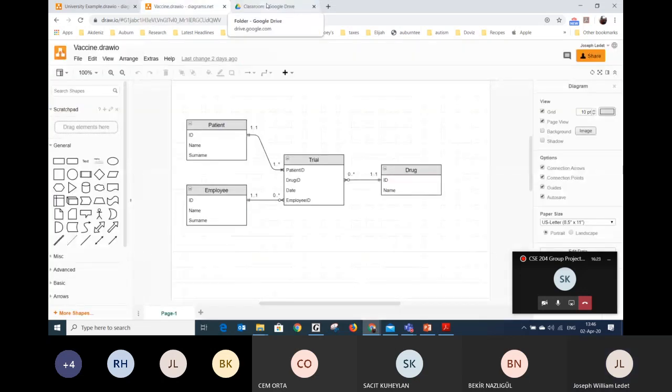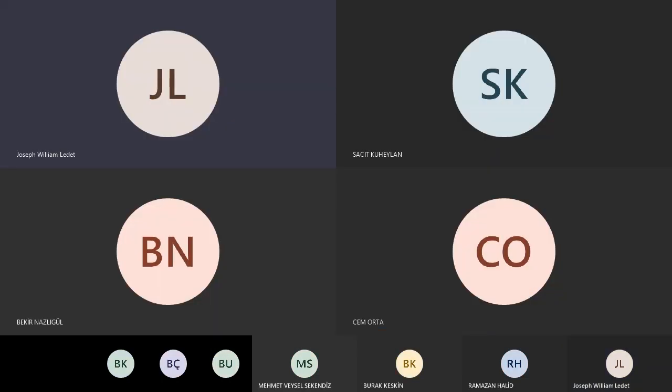Come on. Hold on a second. Let me try to figure out where it's gone. Okay, let's see, 204. The live streaming is slowing down the internet, so Google Classroom is taking longer than normal.